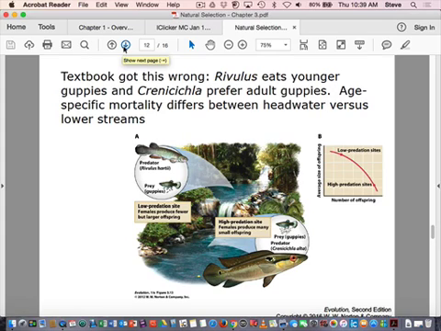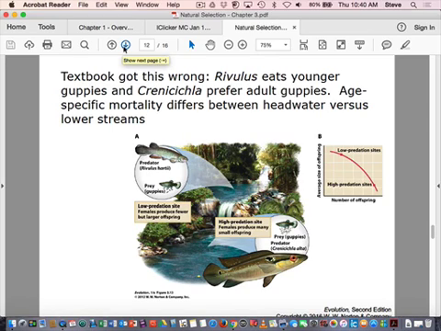So let's say that one produces 100 offspring on average, and they're 5 millimeters in size. Let's make something up, right? You go up here, guess what they do? They produce fewer offspring. So maybe they produce 20, but they're much bigger. They're 10 millimeters in size.